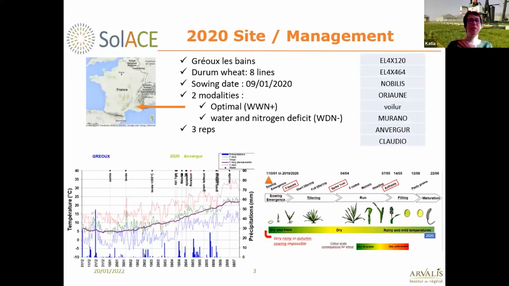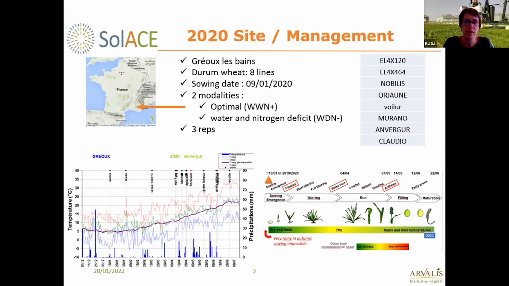So for the experiment in the SolACE project, we manage a field trial in our location in southeast of France, so in JIRCAS. We look at 8 lines of durum wheat, and we sowed it to have 2 modalities.